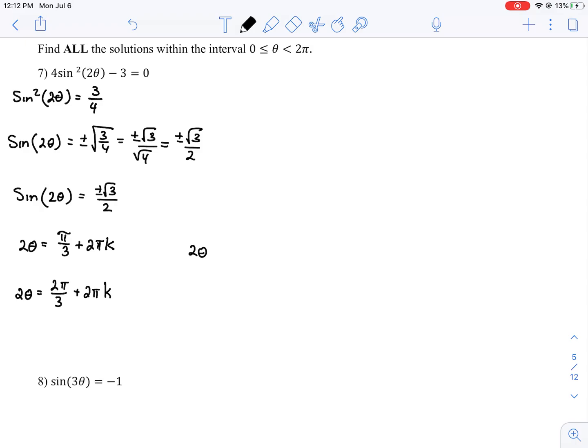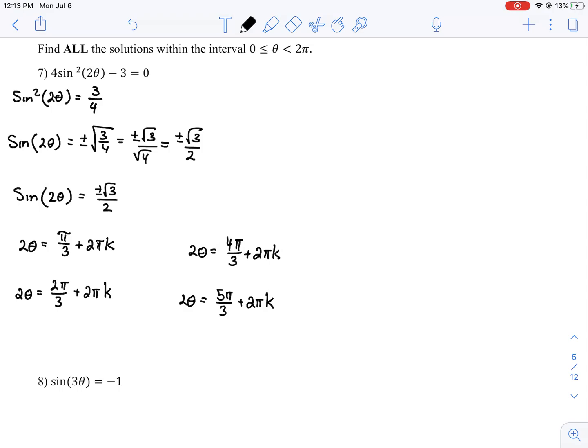And if 2 theta is equal to 4 pi thirds, or if 2 theta is equal to 5 pi thirds, sine of 2 theta will equal negative square root of 3 divided by 2.